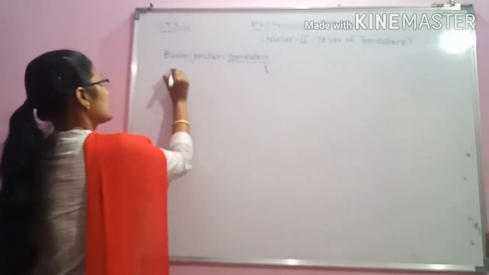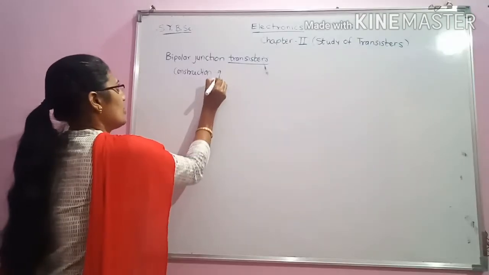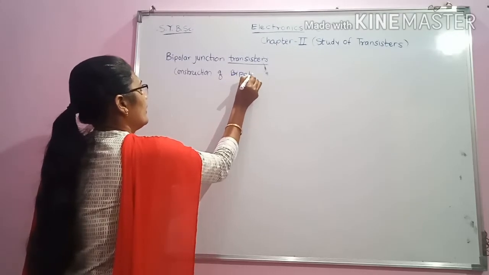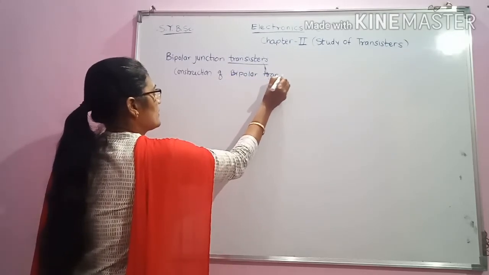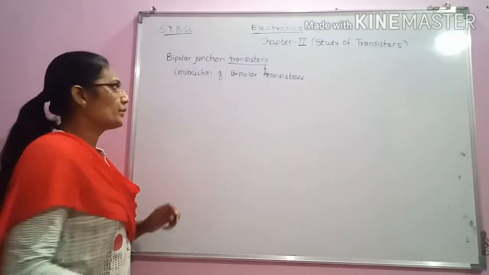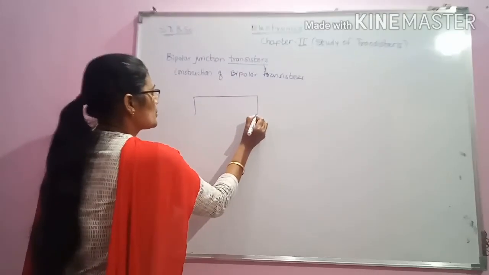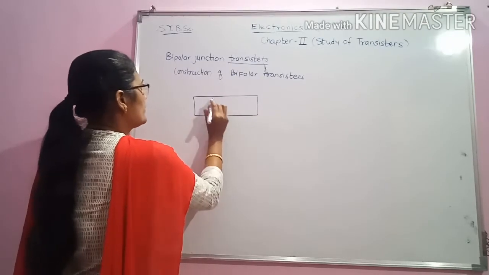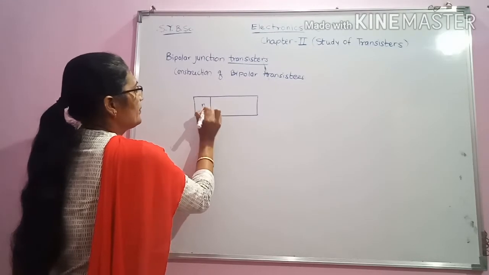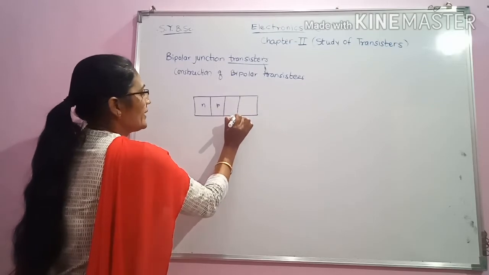Let's see the construction of bipolar transistors. Just now I told you that transistors are circuit components which consist of two p-n junction diodes. Therefore, this is n-type, this is p-type material, and this is n-type material.